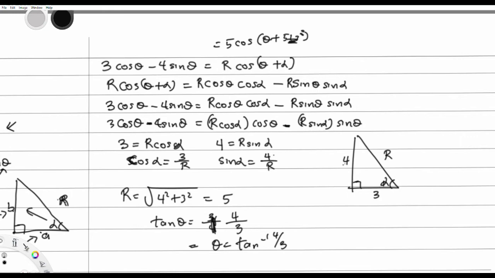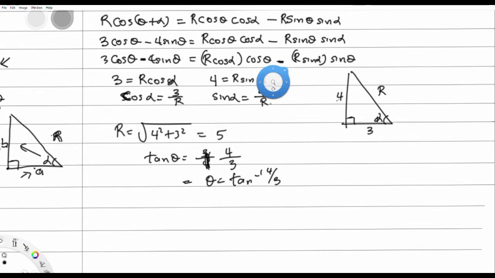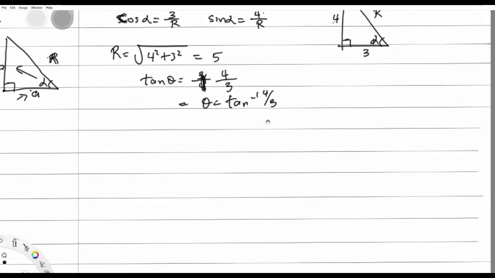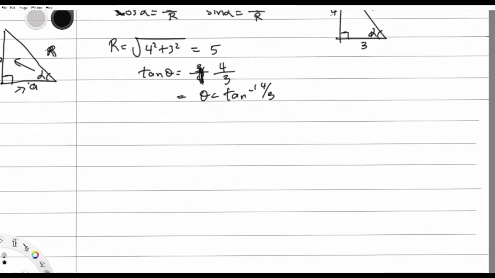But how would you do this in exam? Because you definitely can't have the time to do all this. That's the fact. Now the shortcut. Let me write out the question again. So you see this in exam and they ask, what is theta, what is r, what is alpha?